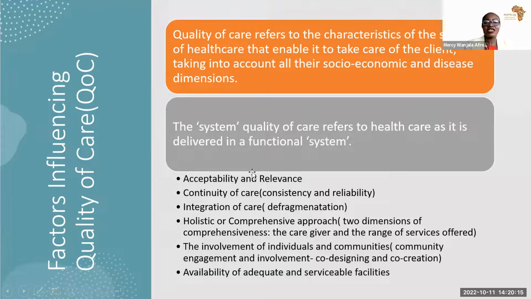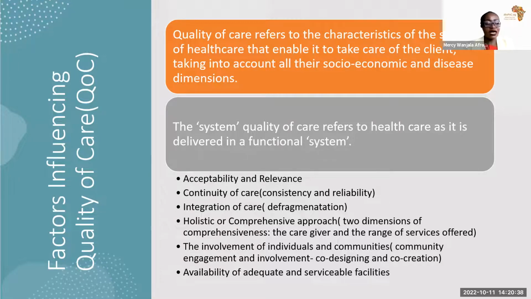So what are the factors that influence quality of care? We have looked at delivery and quality of services. Now we have another dimension of service delivery that we call quality of care. And quality of care refers to characteristics of the system of healthcare that enable it to take care of the client, taking into account all their socioeconomic and disease dimension.